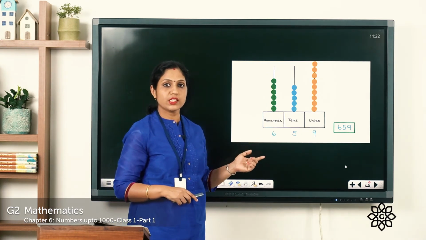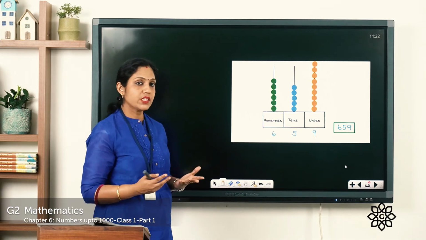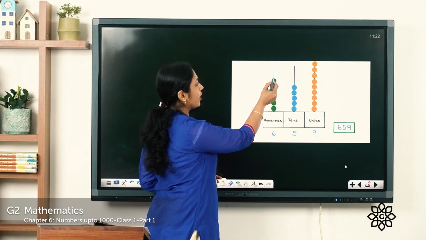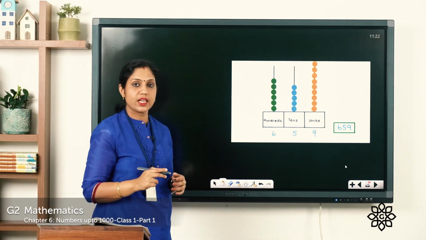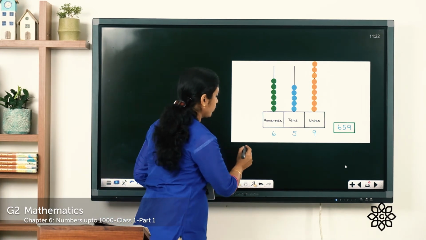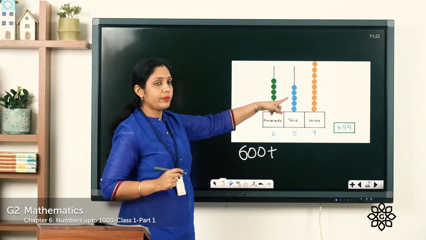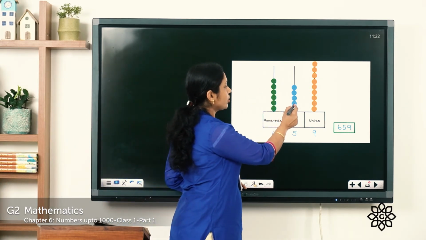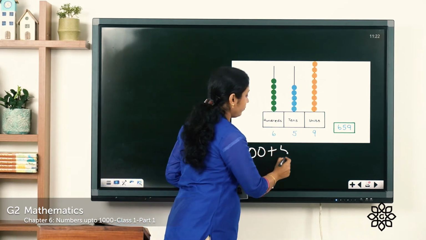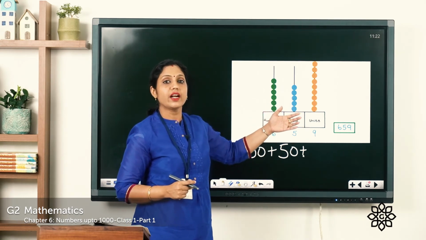Here also you can see an abacus, and in the hundreds place, how many beads are you able to see? 1, 2, 3, 4, 5, 6. So 6 beads are there in the hundreds place. So 6 hundreds makes 600. So write 600 plus how many beads are there in the tens position? 1, 2, 3, 4, 5. 5 tens makes 50 plus how many beads are there in the ones position?